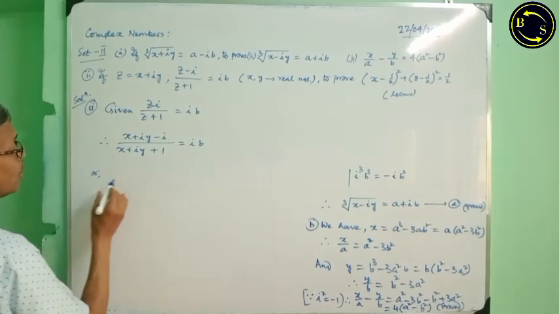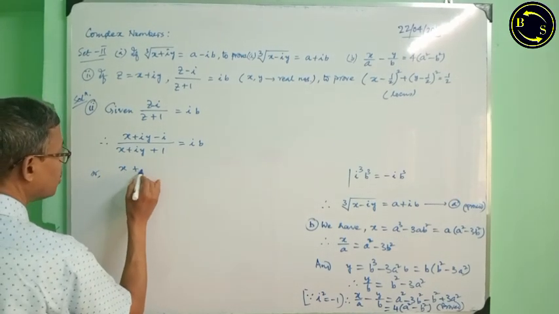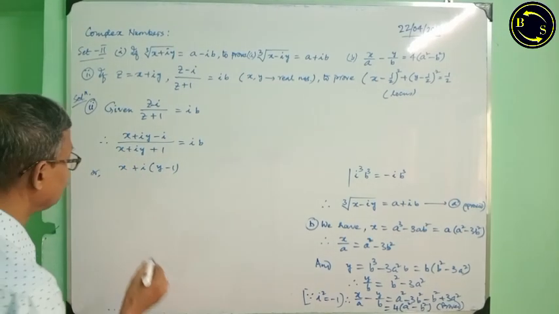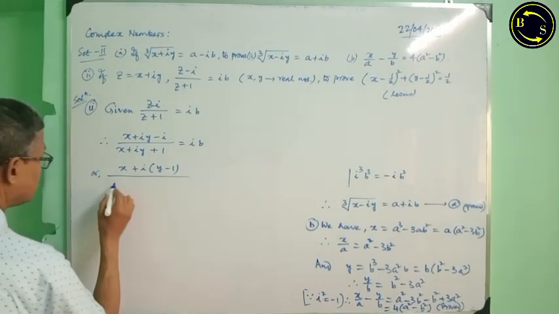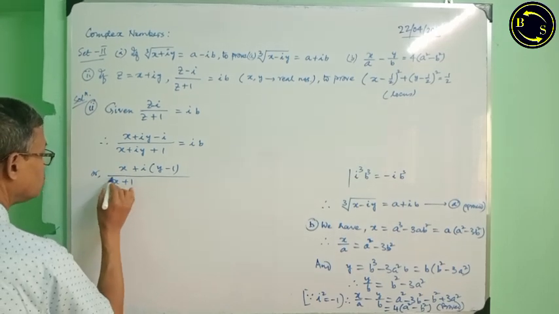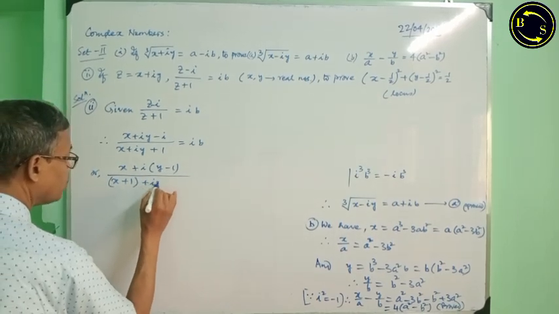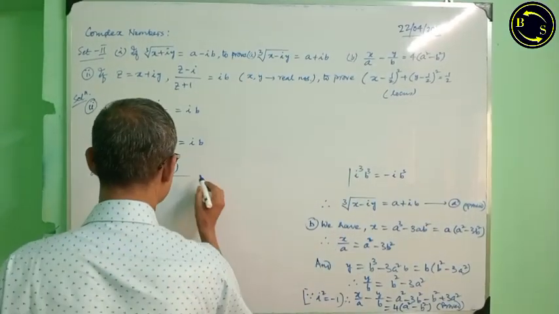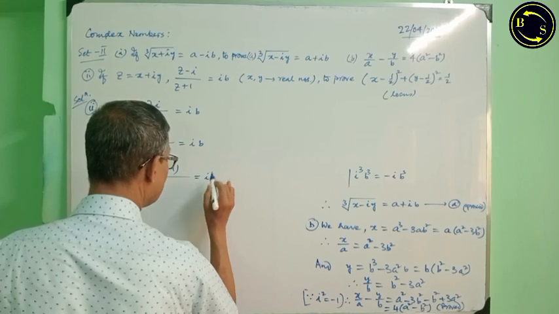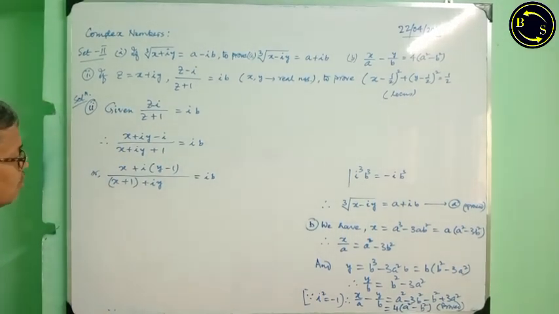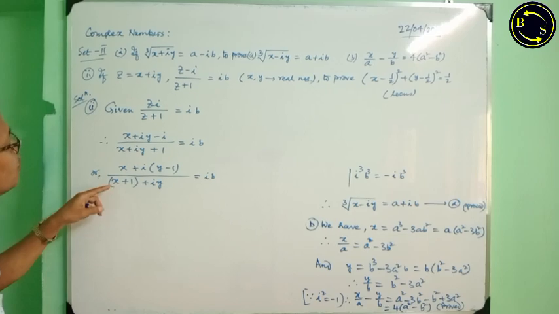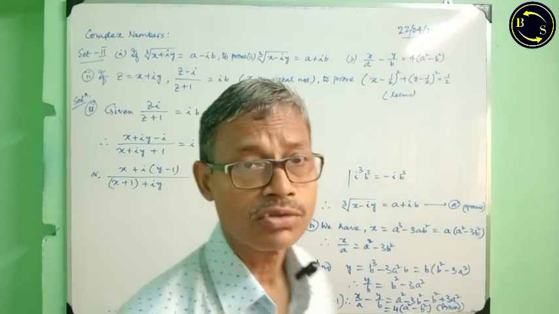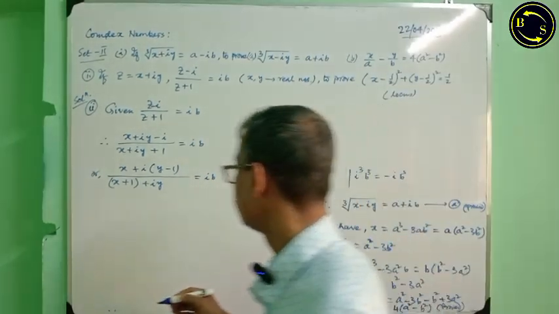Or, x plus iy minus 1, written in the standard form. Also the denominator x plus 1 plus iy. It is mentioned that x, y are real numbers, that is equal to ib. Now we have to multiply the numerator and denominator by the complex conjugate of the denominator first.